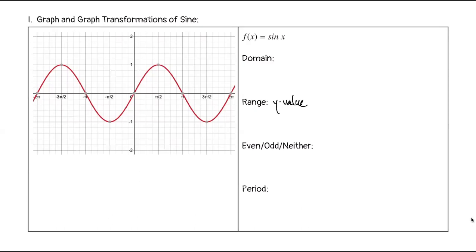When we look at the graph of sine, we notice, I hope, that it goes up and down, but it never gets super large in terms of a y value, and it never gets super small. What might we say is the range of sine based off of this graph? What are the y values that this graph is showing us?